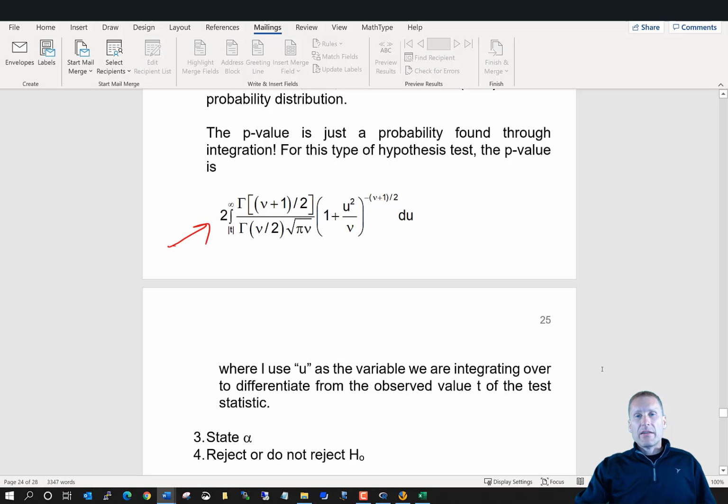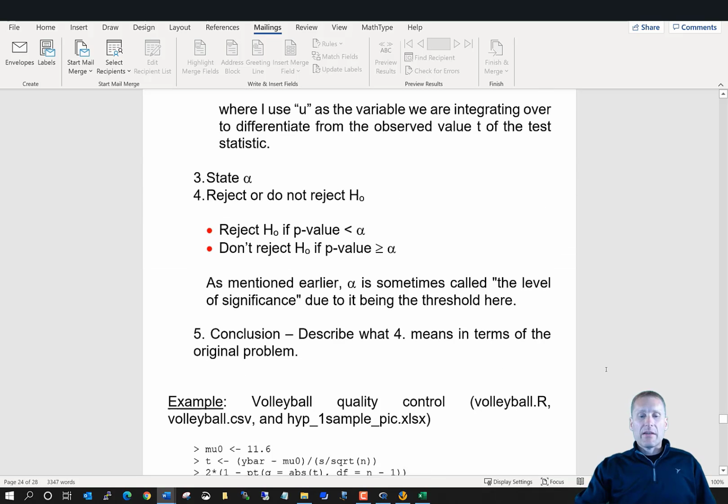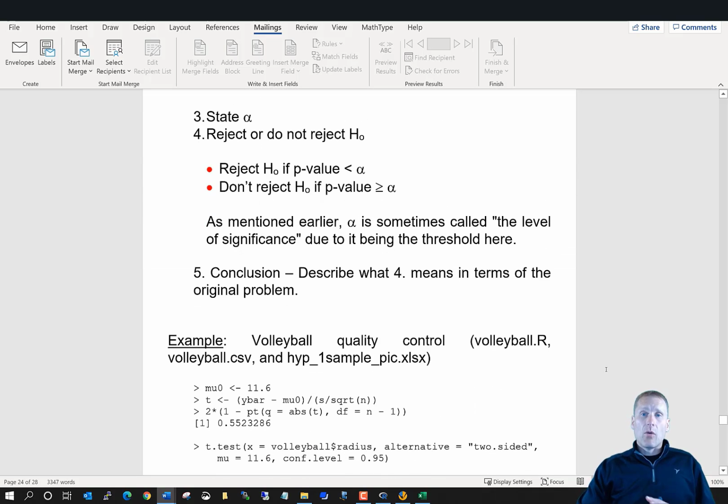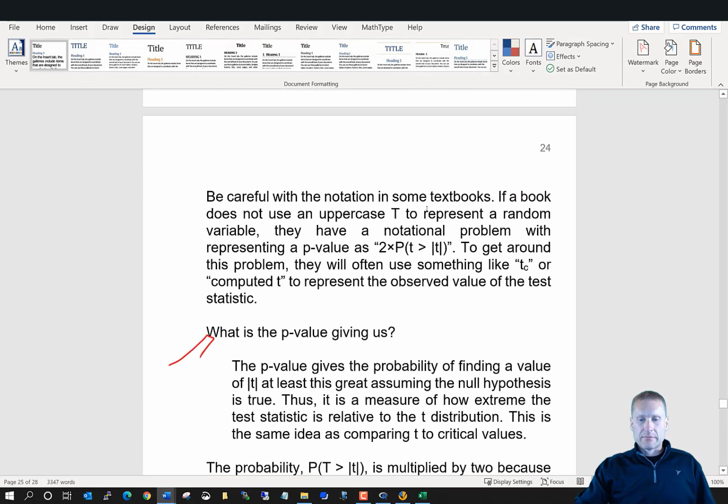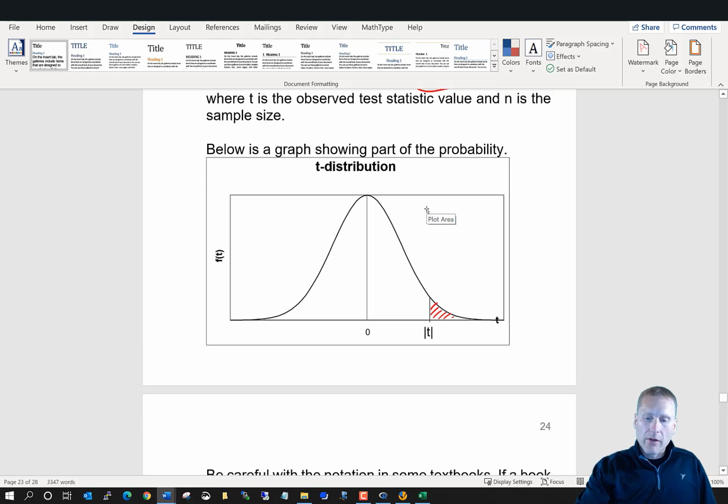Okay, so step 2, find the p-value. Step 3, state what your alpha is. This is our type 1 error rate. Remember what that is actually doing. If we come back up here, if I think of it in terms of a critical value, I'm finding a value there.